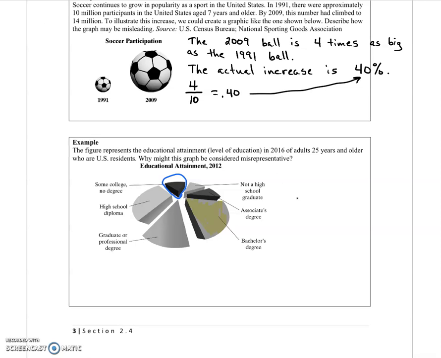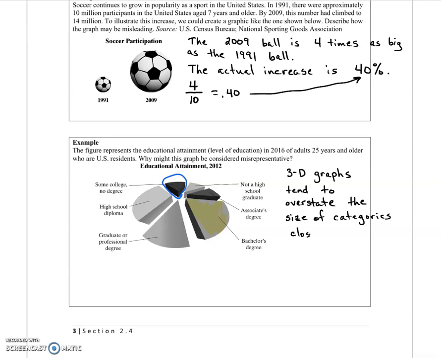But we don't necessarily know that, because the problem with 3D graphs is that they tend to overstate the size of the categories, meaning the pie pieces, closest to the reader.